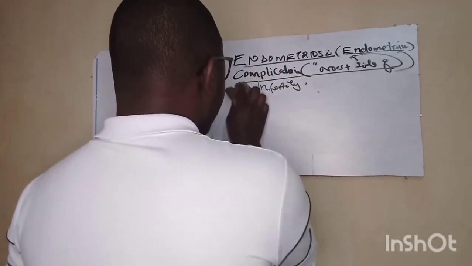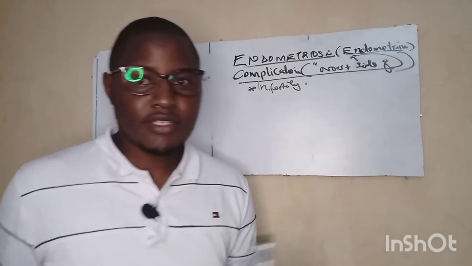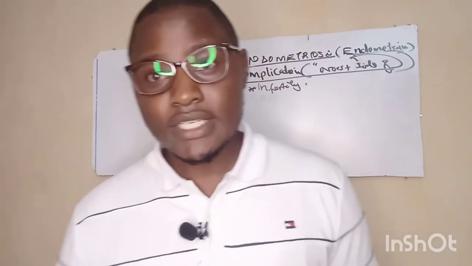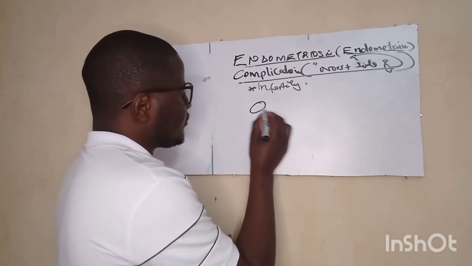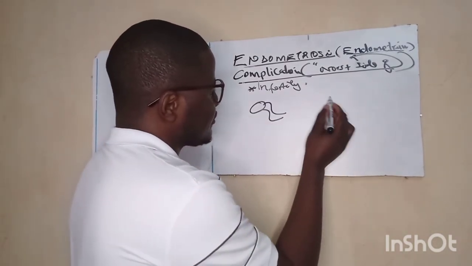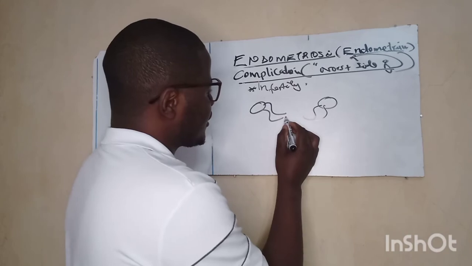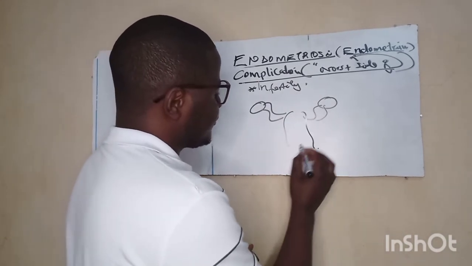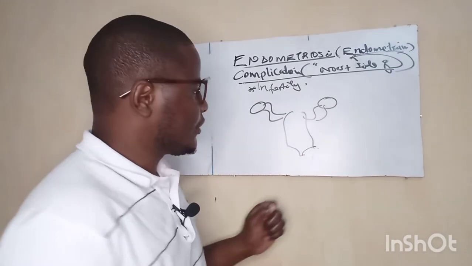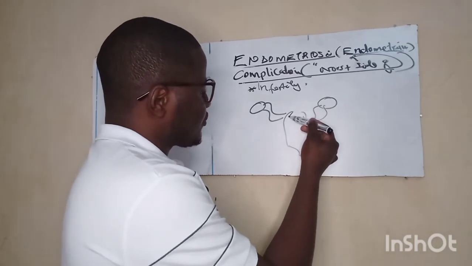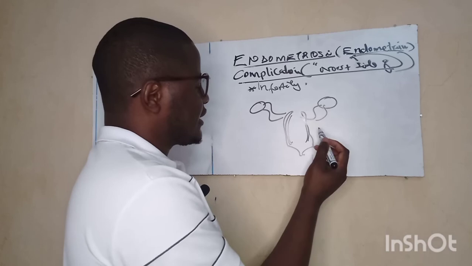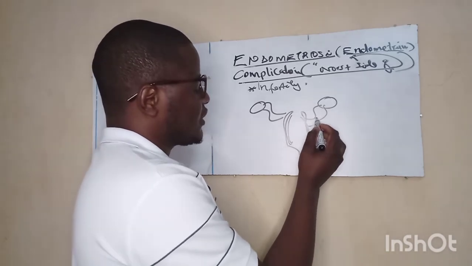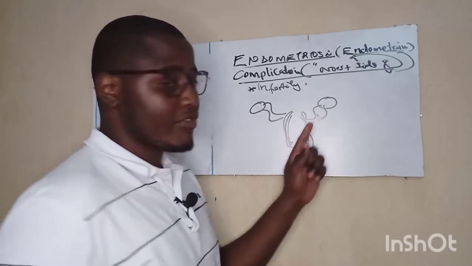So I said I will explain to you how this endometriosis ends up causing infertility. Remember, we said this being the ovaries here, and this being the uterus here. When this layer continues to grow, in most cases, it might end up affecting even the tubes.